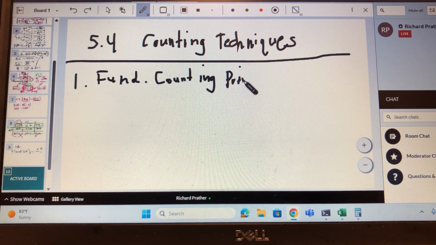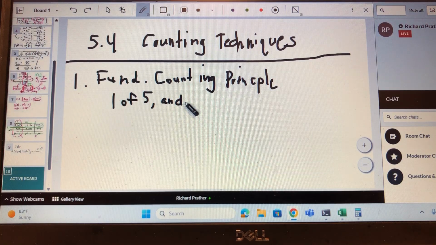Here's the kind of problem they give junior high kids on their STAR test. It'll say some kid wakes up in the morning and he's getting dressed for school, and he opens up his closet and he has to choose 1 out of 5 shirts hanging there, 1 out of 6 pairs of shorts, and 1 out of 3 pairs of shoes. How many ways can he get dressed?